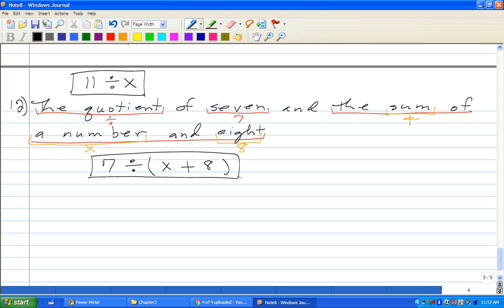I can write this in a different type of notation, so I don't need a parentheses. So it's the quotient, so I'll use the division bar, of 7 and the sum of a number and 8. And so if I do that, then I don't need a parentheses. The parentheses are understood when you do it as a division bar. So 7 over the quantity x plus 8. Let me do problem number 14.